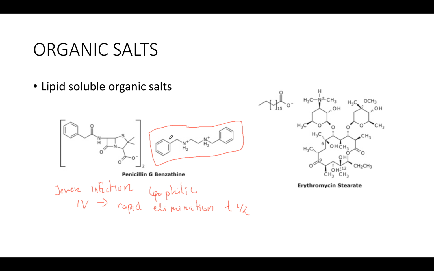So instead of administering this compound IV, we can now administer it as an intramuscular depot. And when you administer it as an intramuscular depot, it's going to slowly be released into the system. And now, instead of having a half-life that's about 4 to 6 hours, you basically double that half-life when you administer it as a salt of the benzathine.